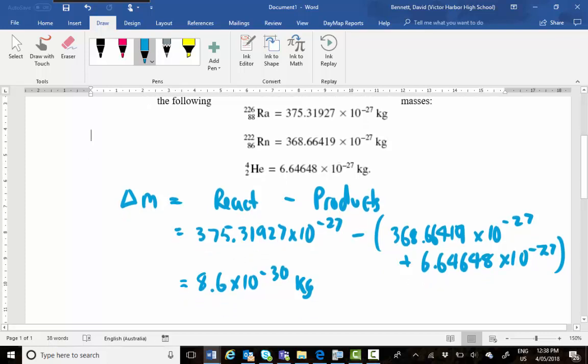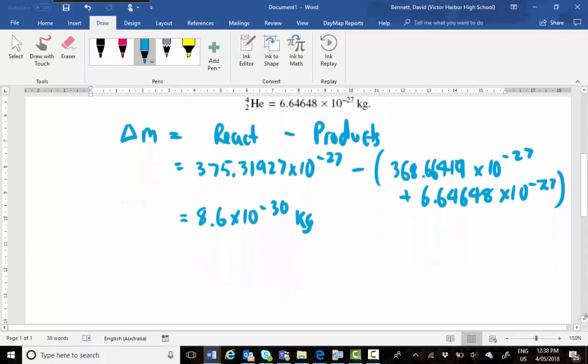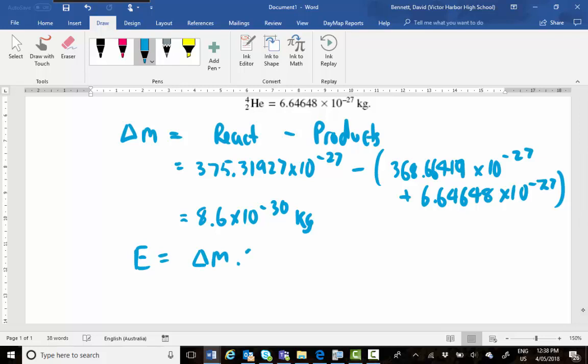Working out our next bit, we need to work out our energy. So our energy is equal to delta M, which is our mass defect, times c squared. So that's going to be 8.6 by 10 to the minus 30 times 3 by 10 to the 8, and that's squared.